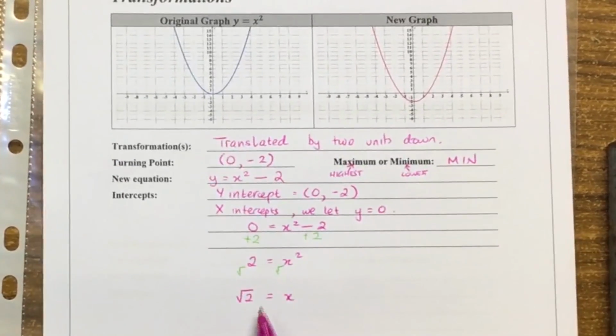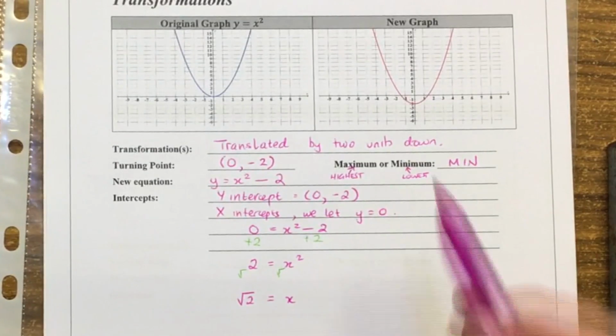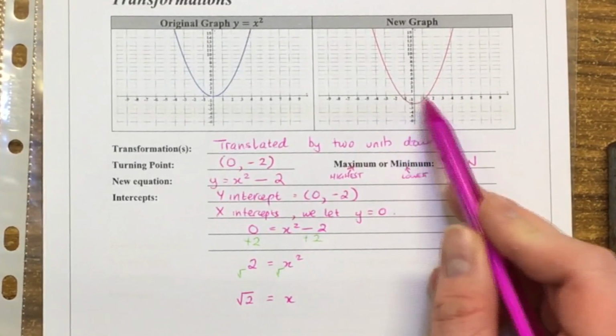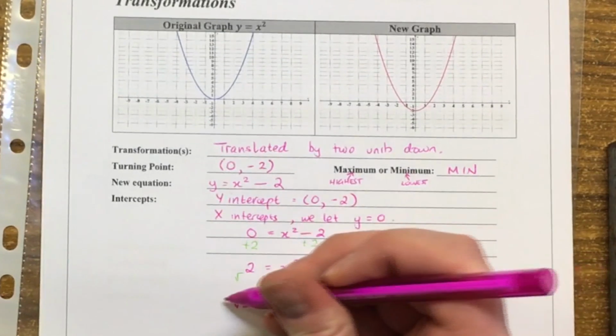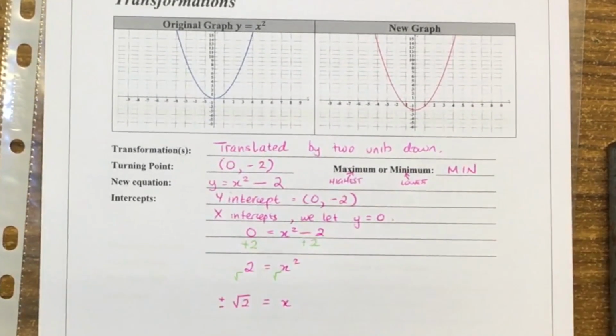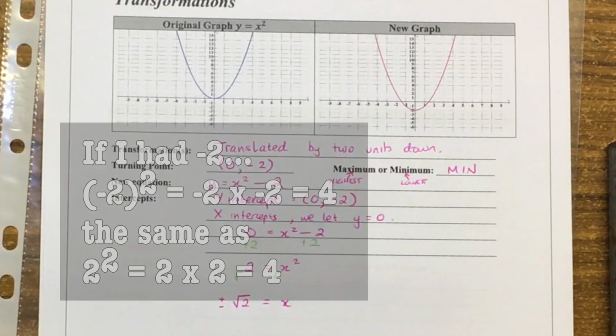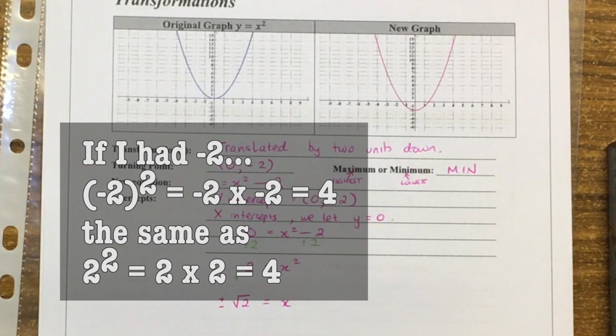Now you'll notice that I've only got one answer, but I can quite clearly see 2 possible x-intercepts. So what do I need to have included? The plus or minus sign. Exactly right, because remember, if I had -2 and I squared that, that would also equal +4, as much as 2 squared would be +4.